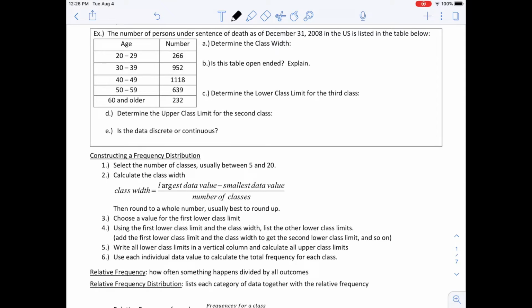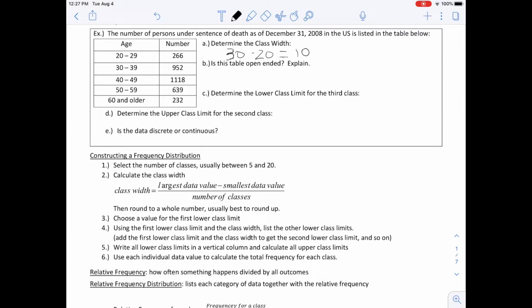Remember, the class width is the difference between consecutive lower class limits. Consecutive just means one right after the other, or two that are right next to one another. So I'm going to use the first two classes and do 30 minus 20, and I get a class width of 10.